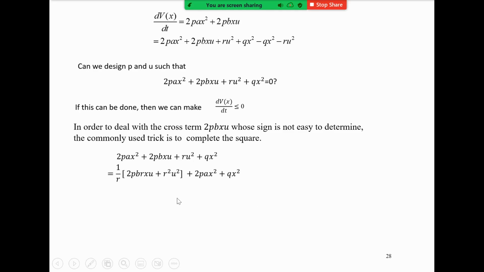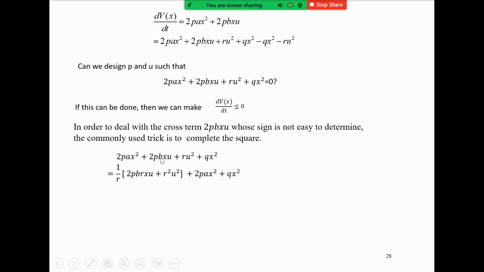Let's make it more clear. Let's just focus on those two terms. Let's put the 1 over R on the outside. Because I have 1 over R, I have this 2 times 2 PB RXU, then I put R squared U squared.